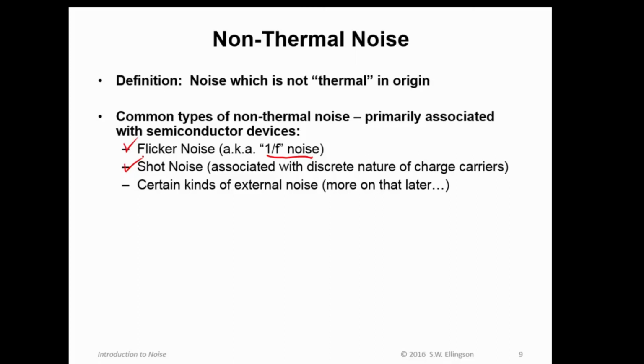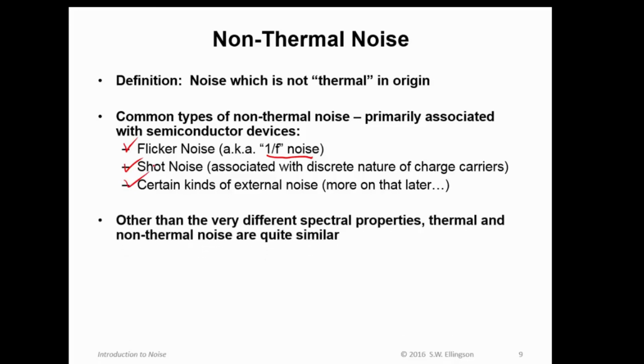So we only have discrete increments of charge, and in many practical scenarios we can perceive that, and so we see not a continuum of possibilities but rather a discrete distribution of possibilities, and that gives us shot noise. And then there are certain other kinds of external noise, and we'll talk about that later.